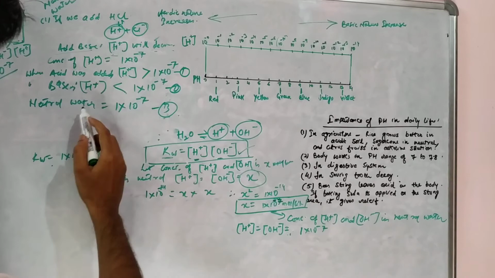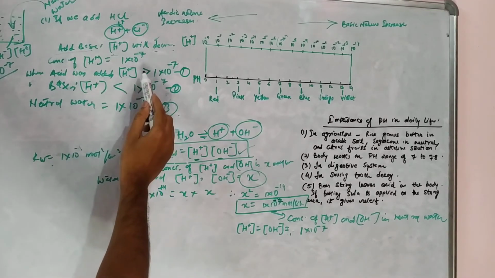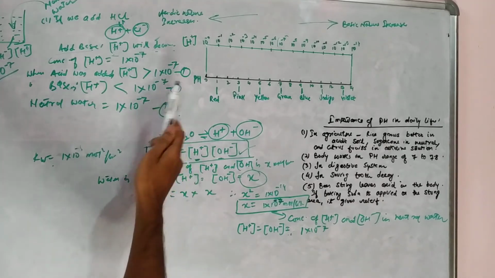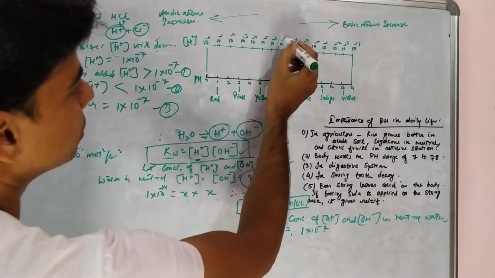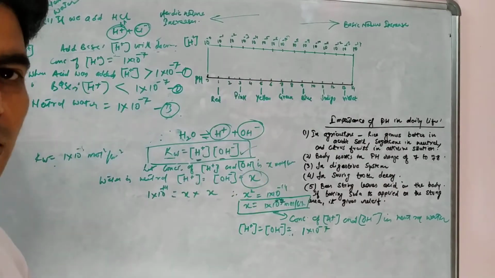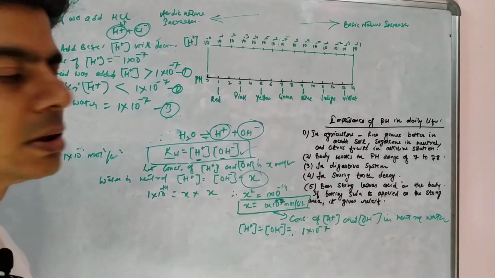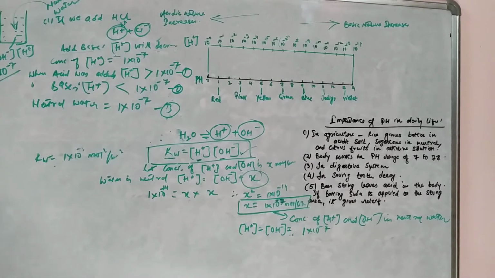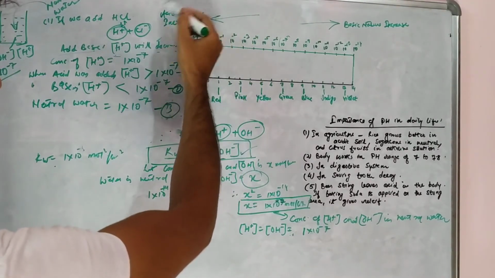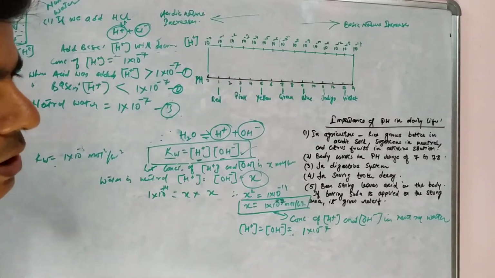And when acid was added, the concentration of hydrogen ion increases. It was greater than 1 into 10 to the power of minus 7. So values greater than 10 to the power of minus 7, if you look on the pH scale, are towards the left. That is why in the pH scale you will find acidic nature increases towards left.